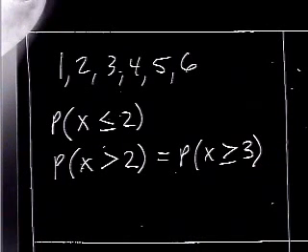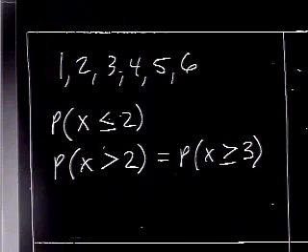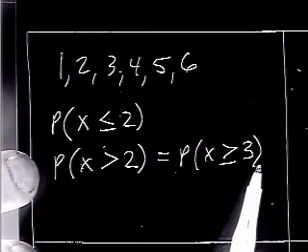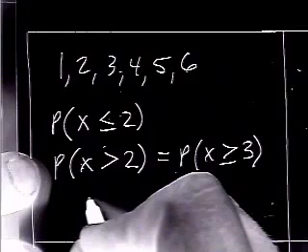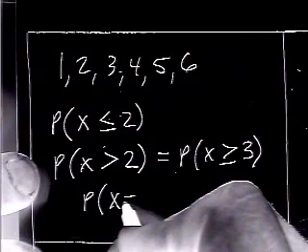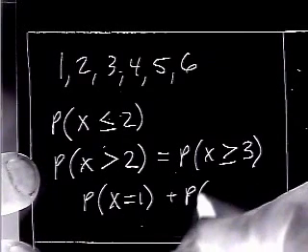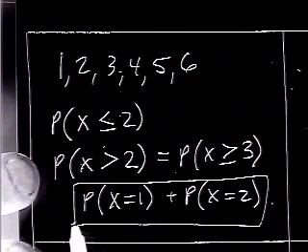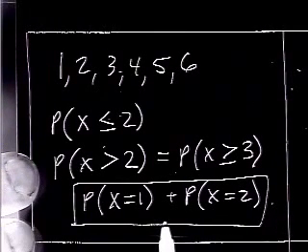But we can also do something else. Even though I'm looking for greater than 2, or greater than or equal to 3, I could still figure out the probability that x equals 1 and the probability that x equals 2, add them together, and even though that's not what I'm looking for, I can find its complement.